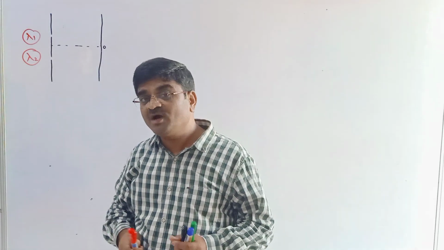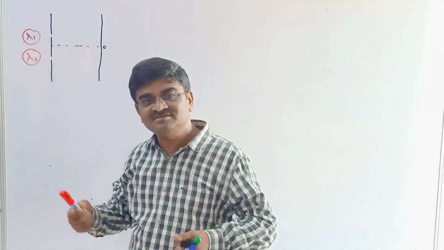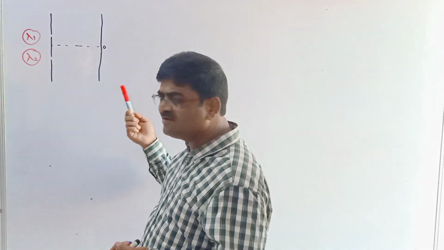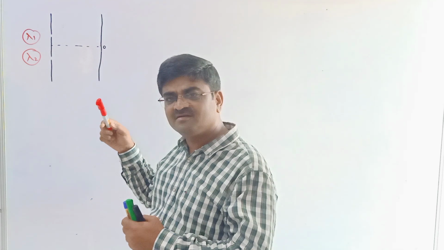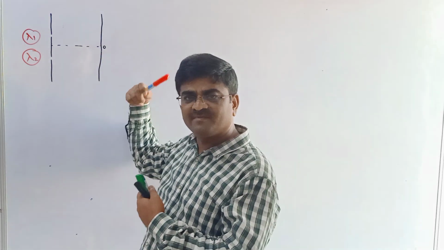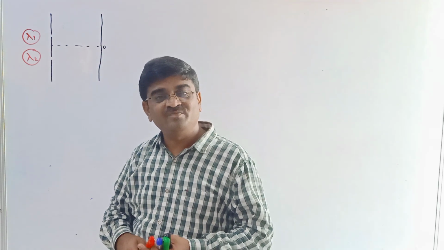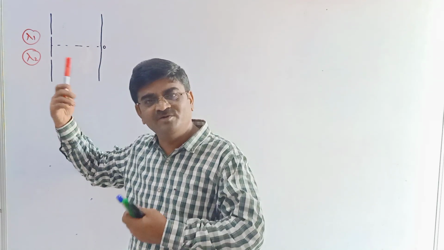But now I have got, well, say it is a green color. So I get even the fringes of green color. Green color bright, dark region. Green color bright, dark region. So I mean bright fringes of two different colors and at two different locations I'll get.